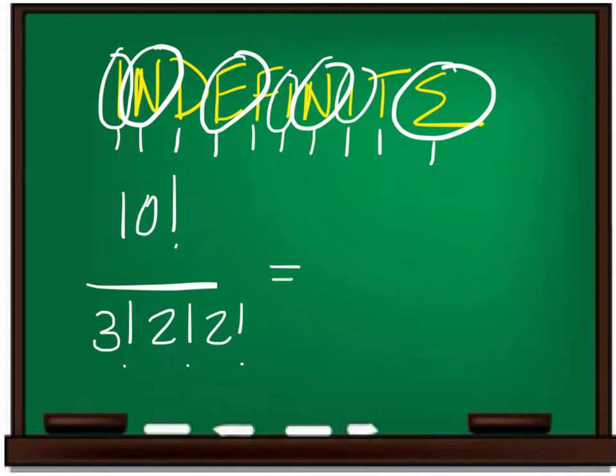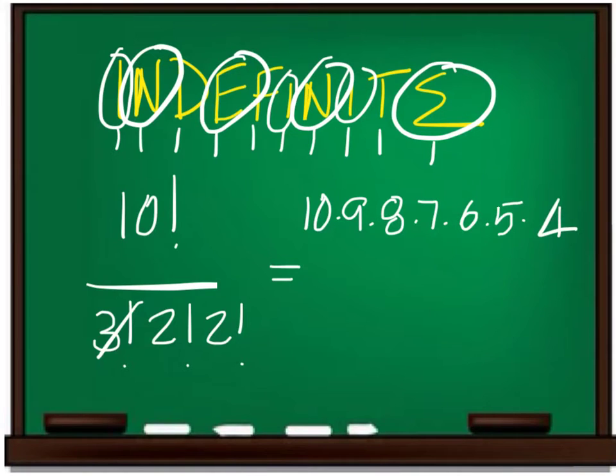Anything else that repeats? Okay, so 10 factorial over this stuff here on the bottom. We could take out 3 factorial from the 10. So 10, 9, 8, 7, 6, 5, and 4. But now we have 2 factorial times 2 factorial, which wipes out that 4.